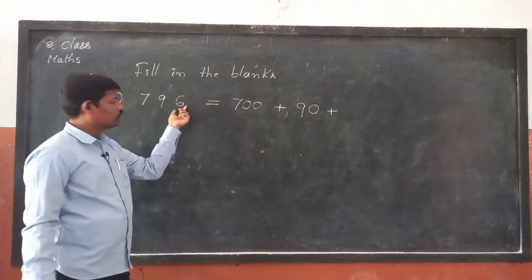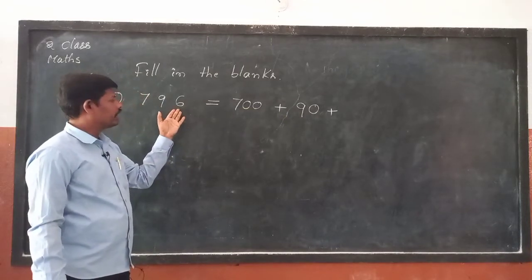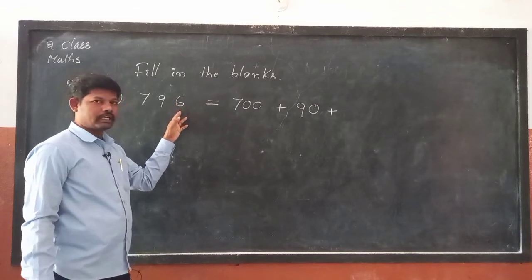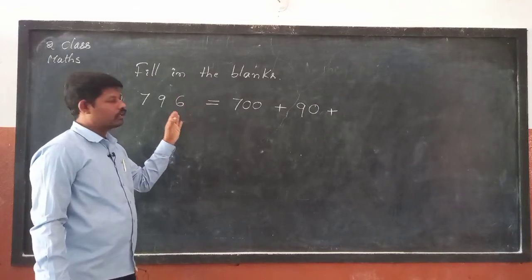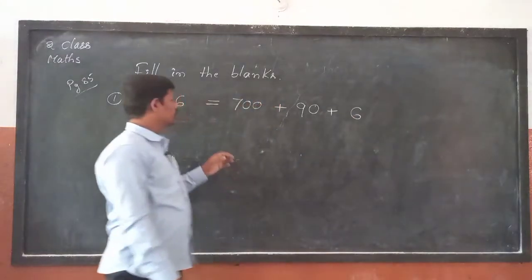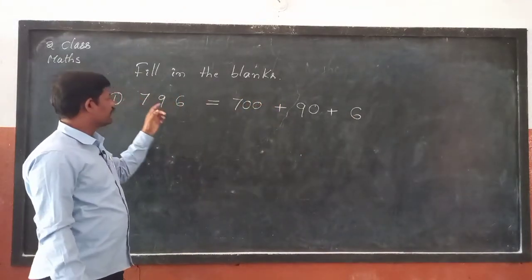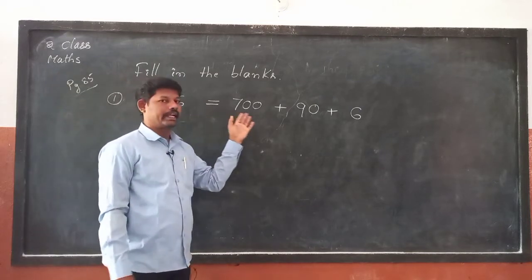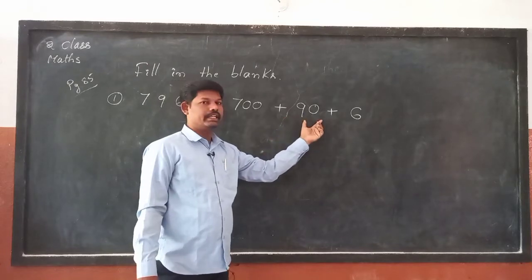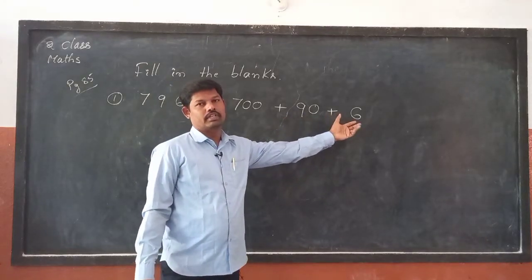Okay. Next, ones place. How many ones are there? That means in the ones place, what is the digit? 6. So 6 ones. So 796 you can write like this: 700 plus 90 plus 6.